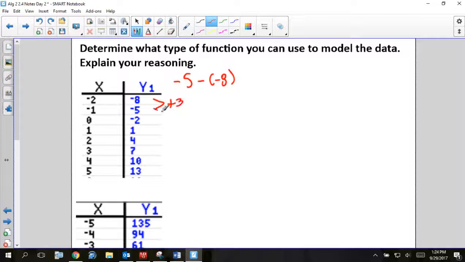So you're doing these, and we get +3, +3, +3, +3, +3. What does that tell me? What kind of function is this one, Blessy? Yeah, good. Linear. Linear? Why?